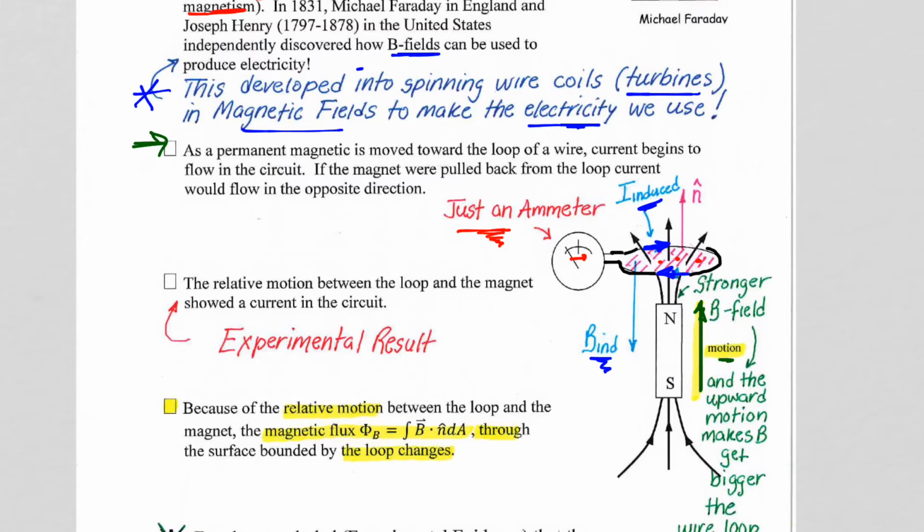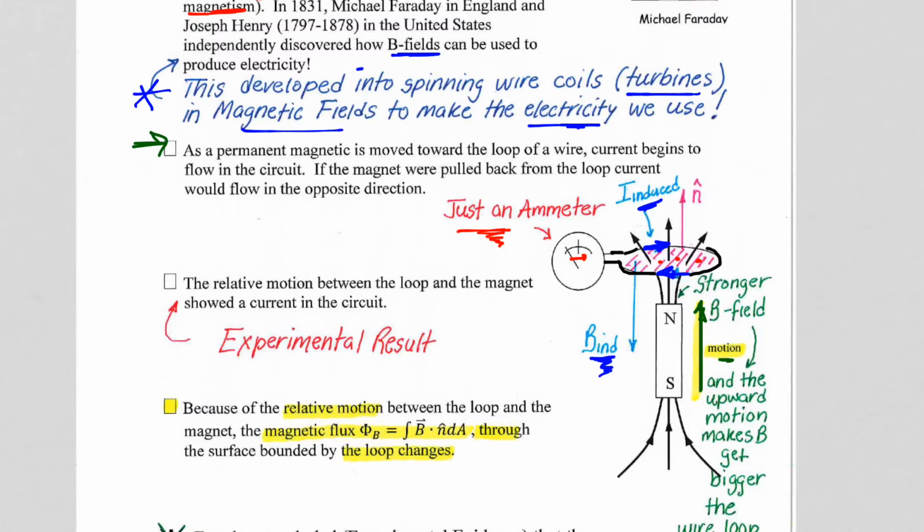But it's going to make a current, which we call the induced current, which produces an induced B field, in this case downward, to act against the increasing B field. Now, the induced B field and the induced current is a lagging effect, so it will never just cut off the changing B field. First, the B field begins to get stronger. Induced current and induced B field try to fight that effect, but it's always lagging.